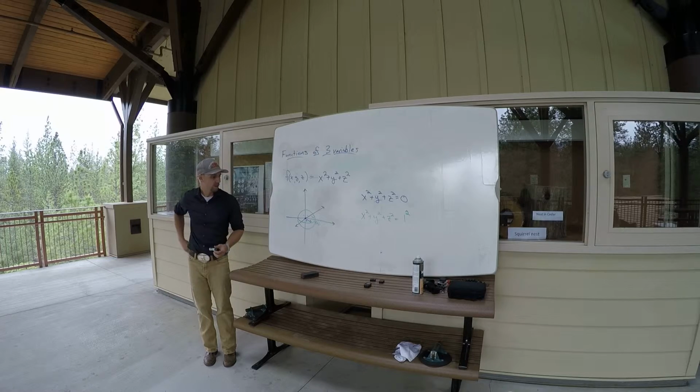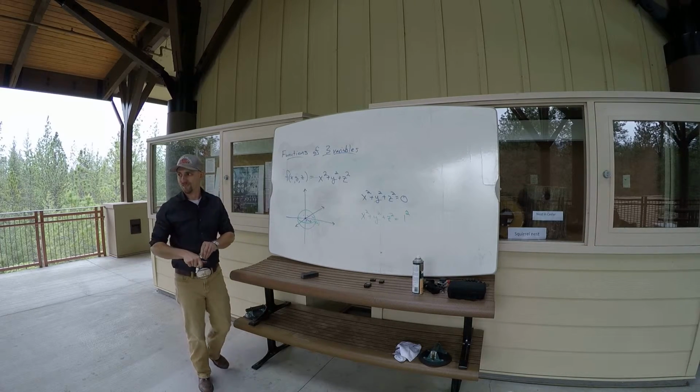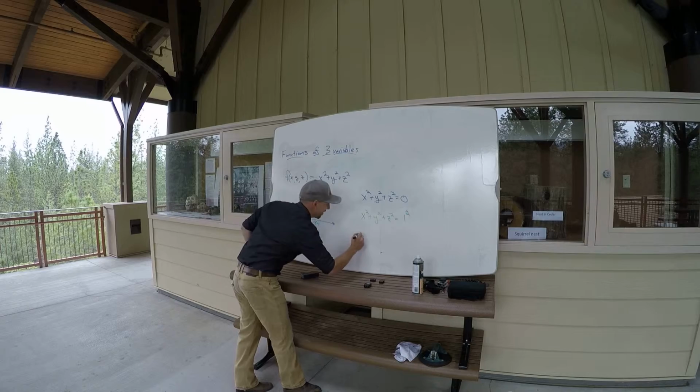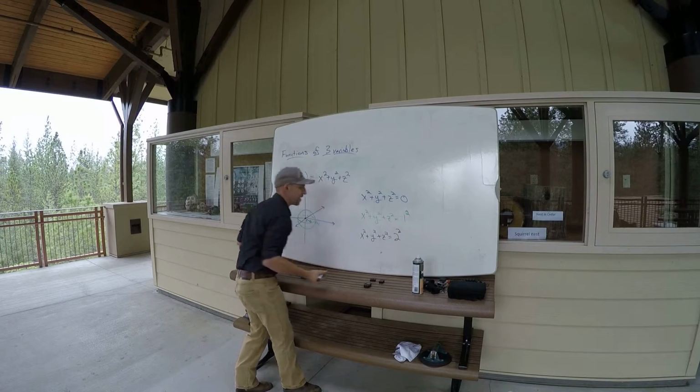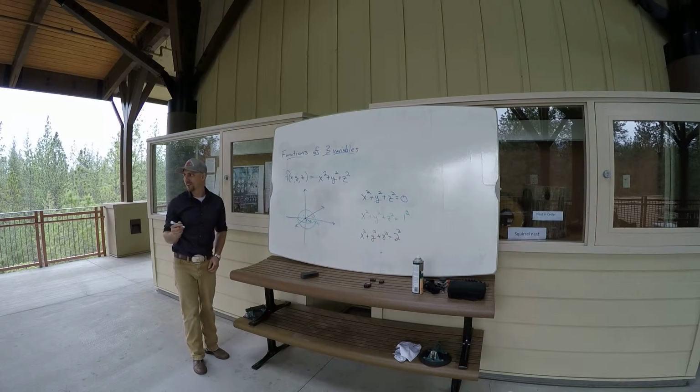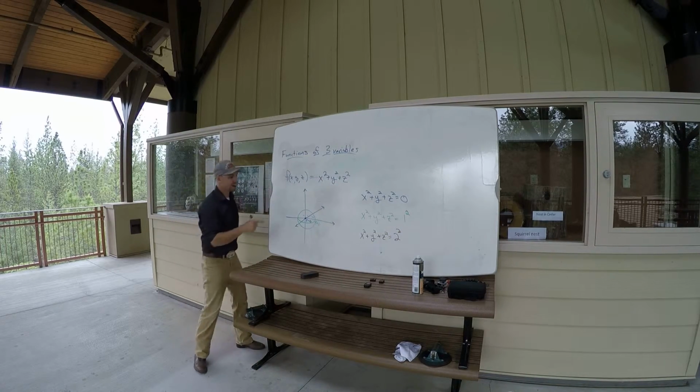Okay. What's your next level curve you want to take? 2. No. Don't be ridiculous. 4. 4 is the level curve you want to take. Why is 4 the level curve you want to take? 2 squared. Okay, it's 2 squared, right? So I know how to draw that one.